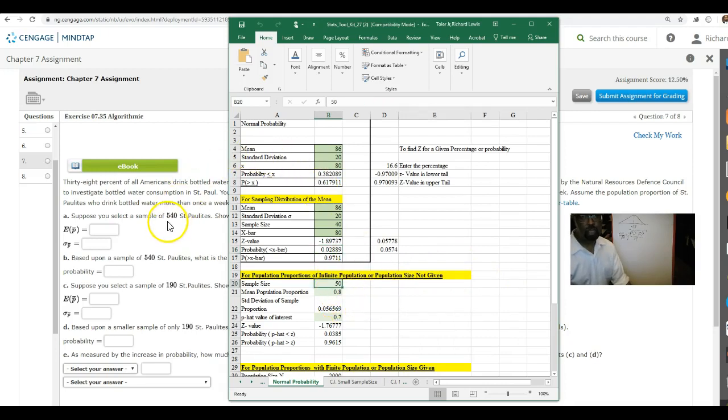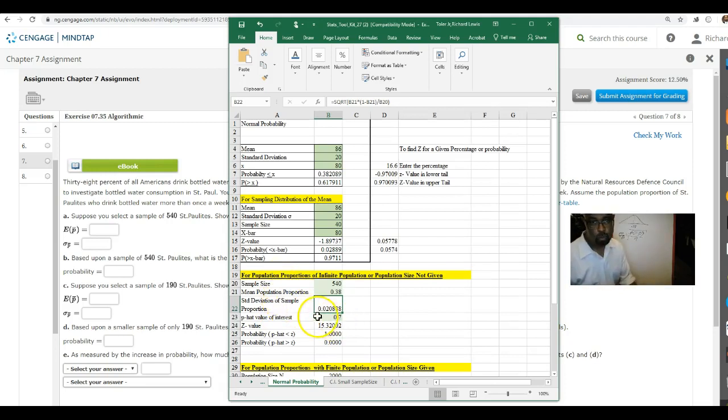We have a sample size of 540. We have a mean population proportion of 0.38 that we were given. And in this case, we have no probability that we're trying to find. We simply want the standard deviation of the sample proportion, which is the sigma sub p bar.